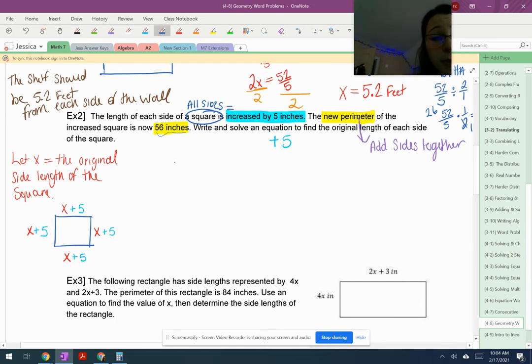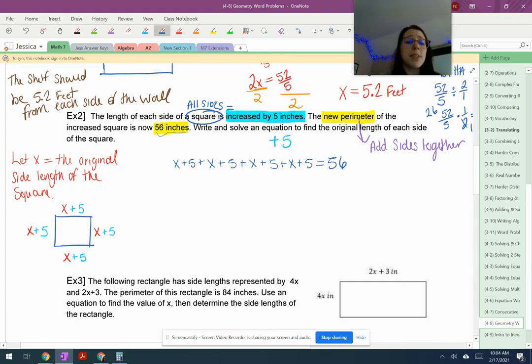So I'm going to take x plus 5 plus x plus 5 plus x plus 5 plus x plus 5 is equal to 56. And you might be sitting there thinking, oh my goodness, I do not want to be writing this out 4 times. There's got to be an easier way to do this, and there absolutely is.